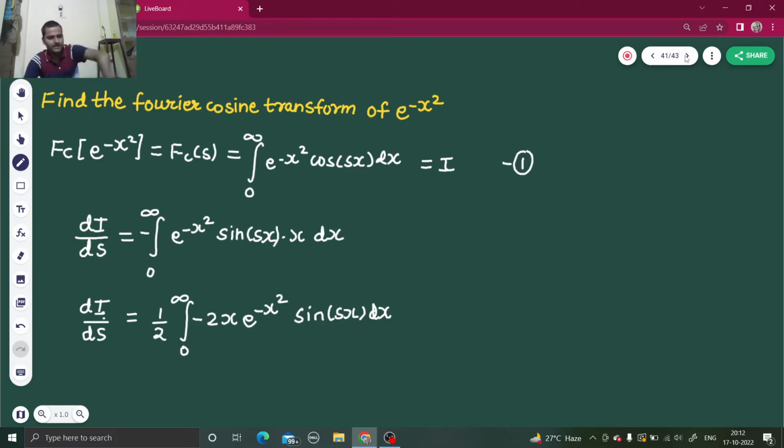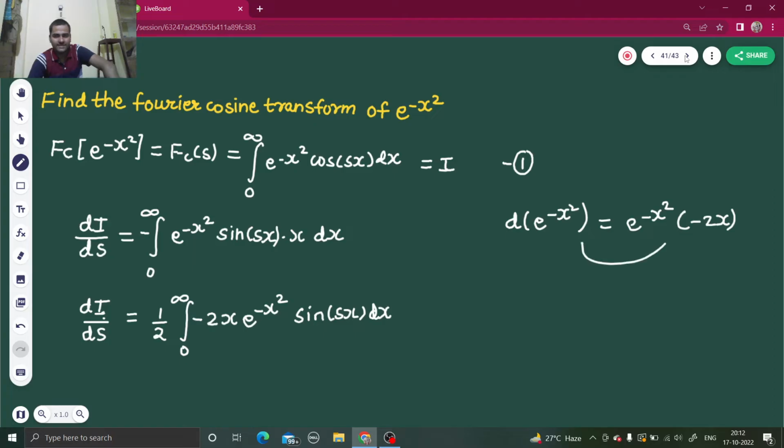So if I concentrate on derivative of e power minus x square, so that is e power minus x square, and with the help of chain rule, derivative of minus x square is minus 2x. So I can replace this by d of e power minus x square.